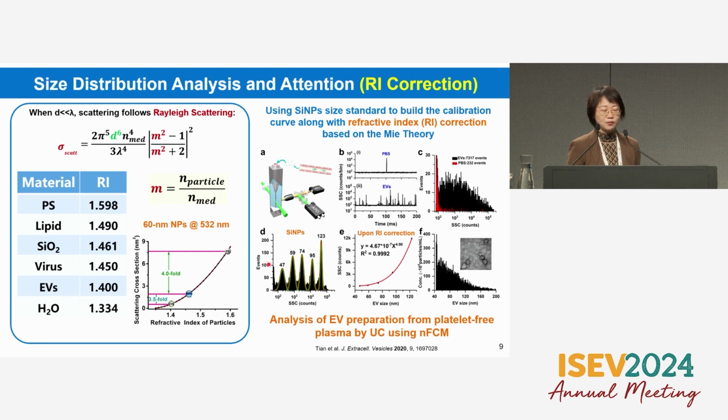We can make a comparison. At 532 nanometer excitation, 60 nanometer polystyrene is about 4-fold brighter than silica nanoparticles, and silica nanoparticles are 3.5 times brighter than EVs. So we really need to do the calibration curve and refractive index correction based on Mie theory calculation.